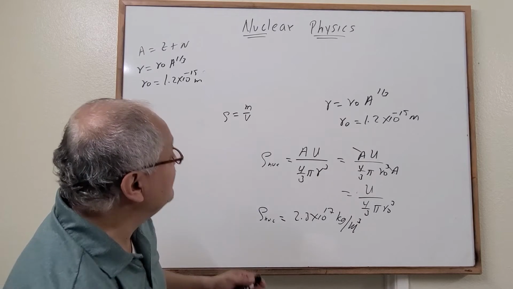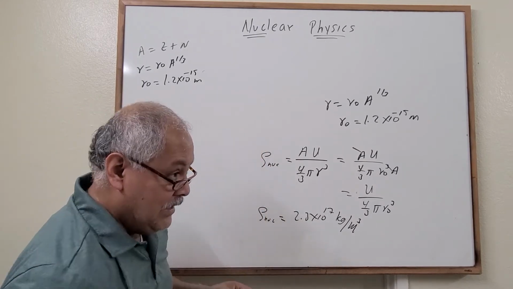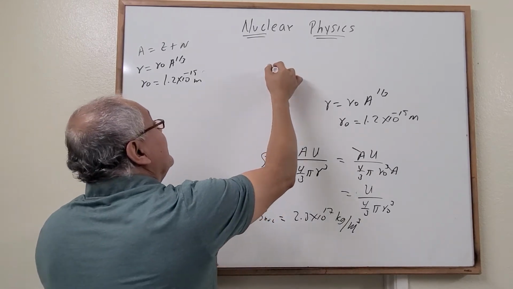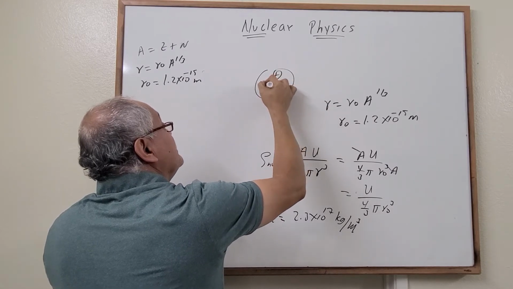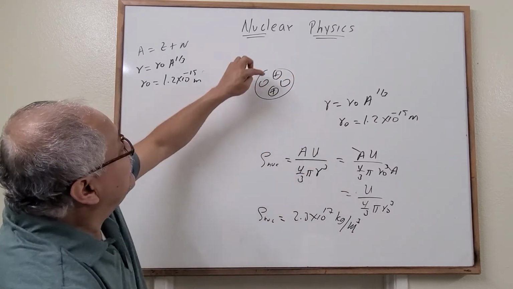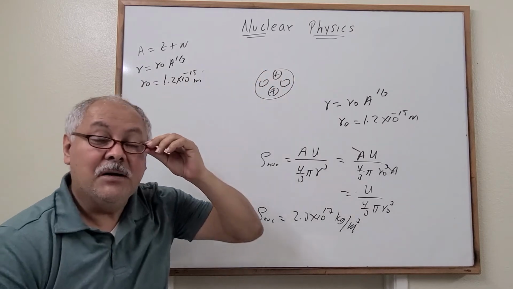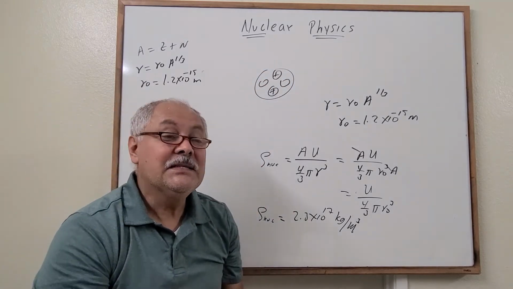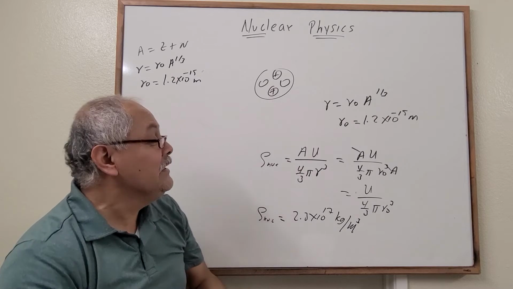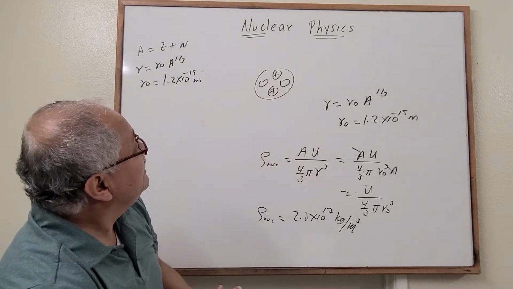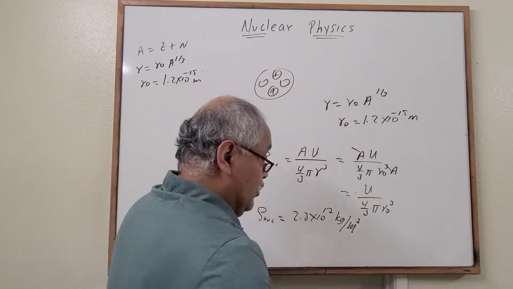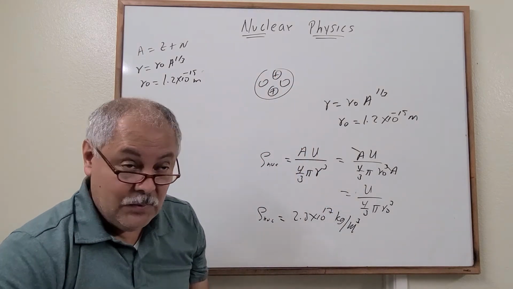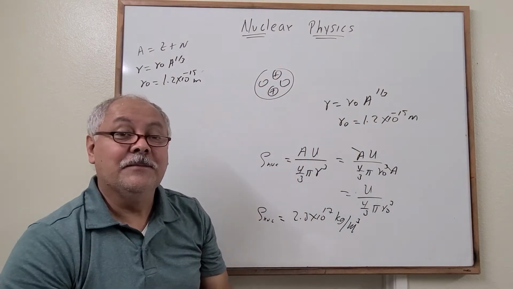Now let's analyze the nucleus again. What do we have in the nucleus? Well, we have mainly protons and neutrons. If this is a proton and this is another proton, for example, these charges repel because they have the same polarity, the same sign, right? These two repel. This means there must be a force that keeps these two protons together in the nucleus.